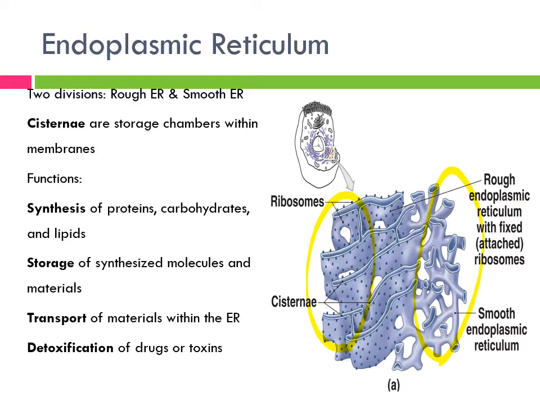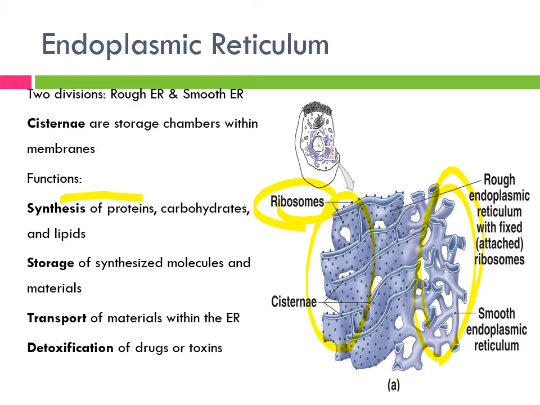They are filled with cisternae, which are chambers within the membranes, and their functions are the synthesis of proteins. That's going to be our rough endoplasmic reticulum, because we know that our ribosomes are creating proteins. And then our smooth endoplasmic reticulum is going to synthesize carbohydrates and lipids.